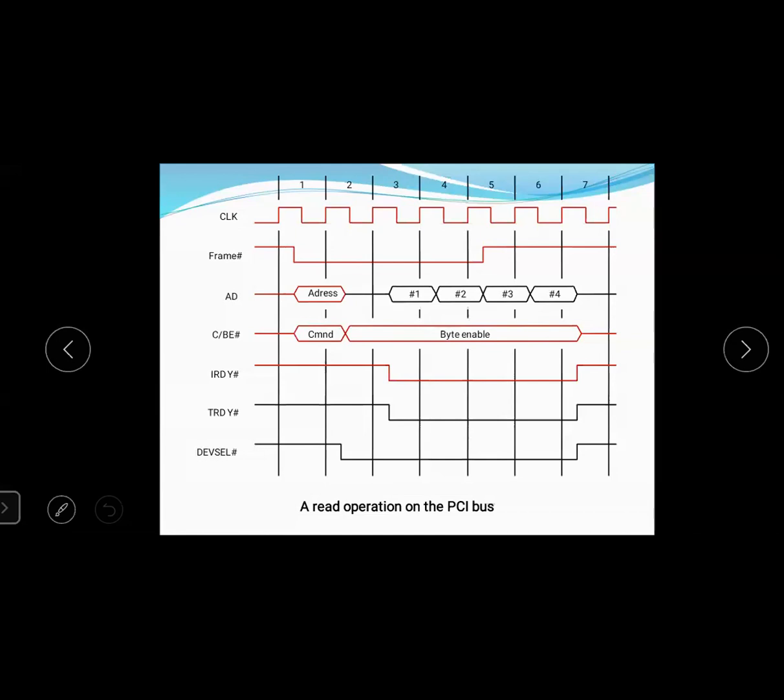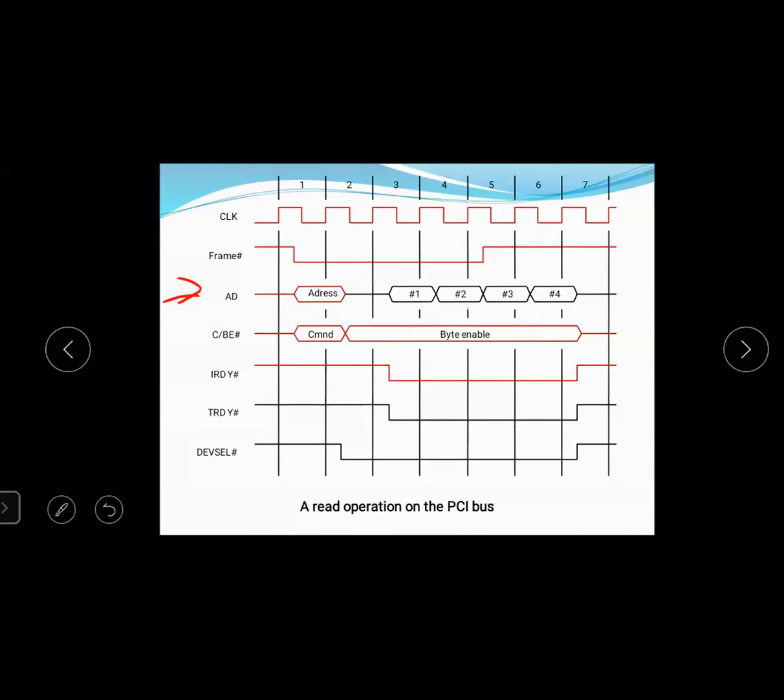The master, who initiates the transfer, places the address on the AD line. The AD is used as both address and data line. First, the master places the address of the device it wants to communicate with on the address line at time T0, and it takes some time to reach a steady state value, and the address is transferred to the device.